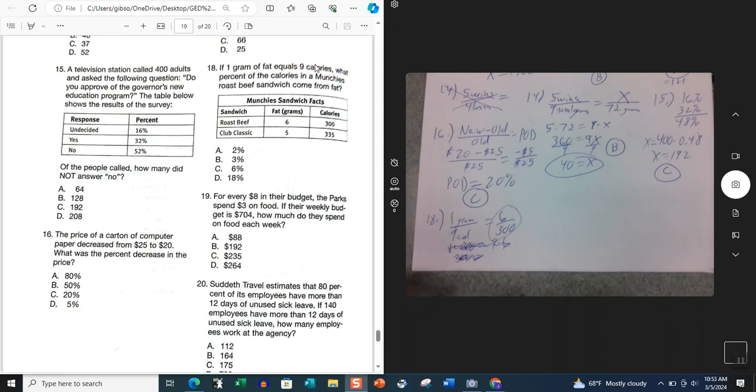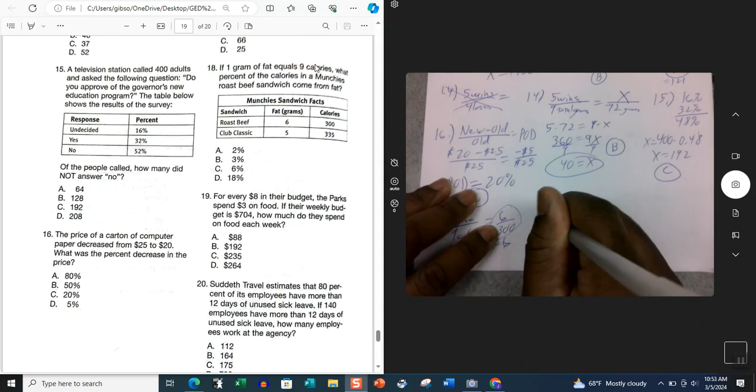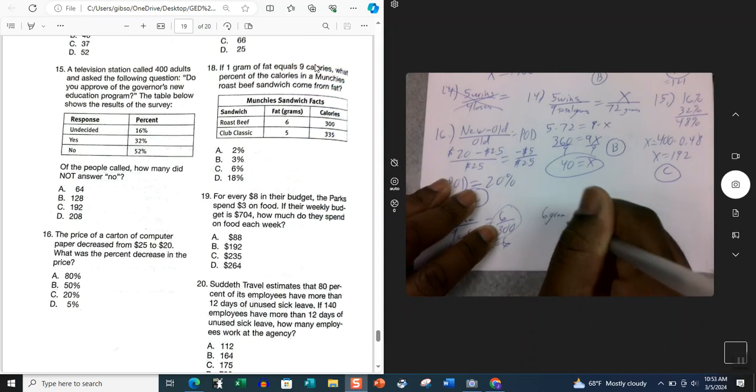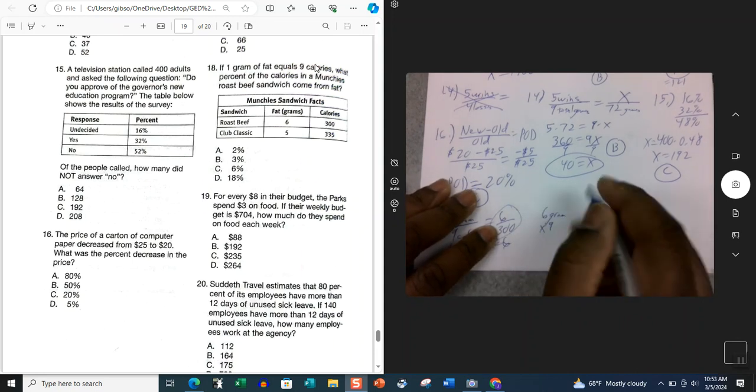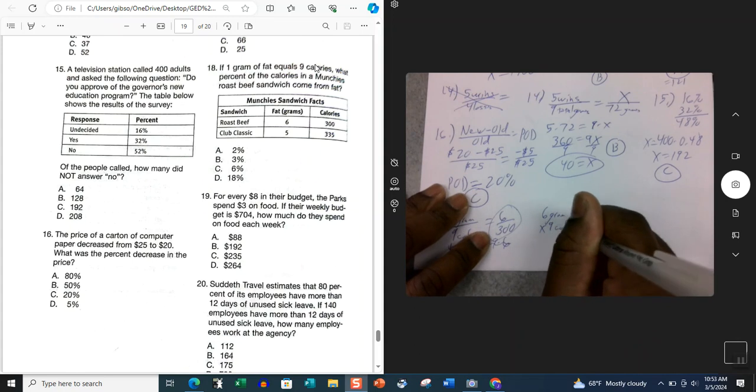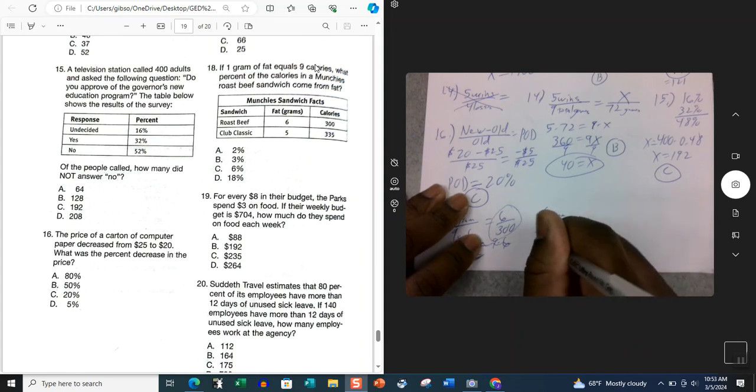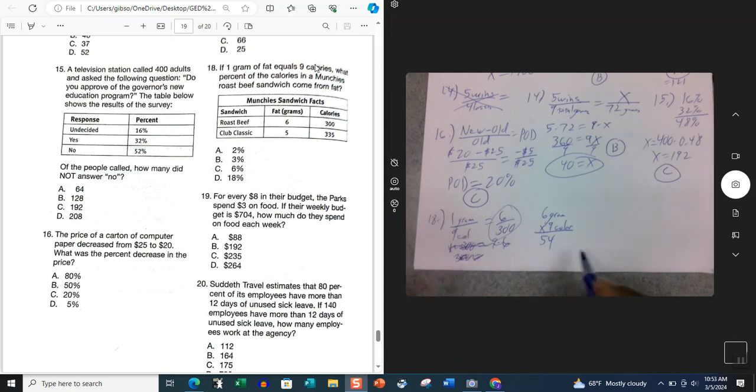So we got 6 grams of fat multiplied by 9 calories, because that was our proportion. So that would give us 54. So it's saying here that it's 54 calories in the sandwich from fat.